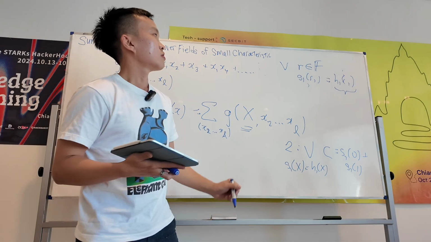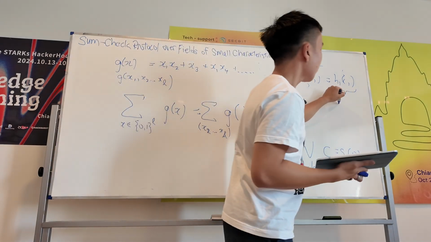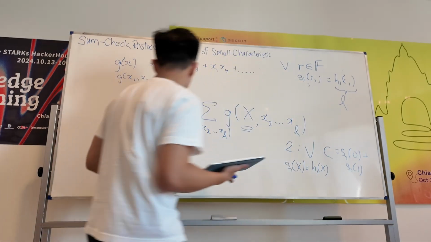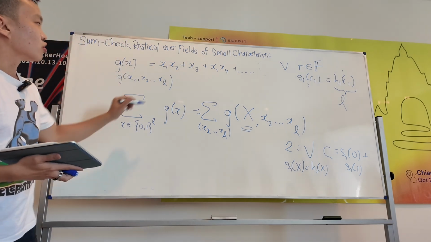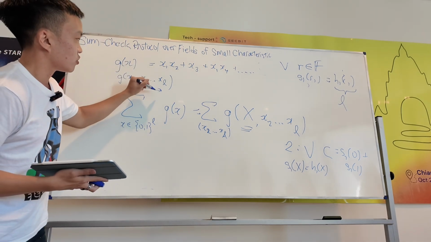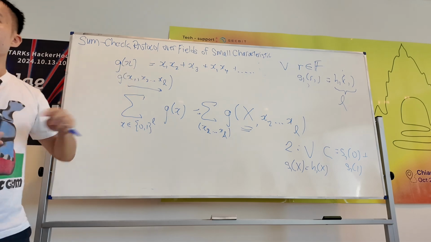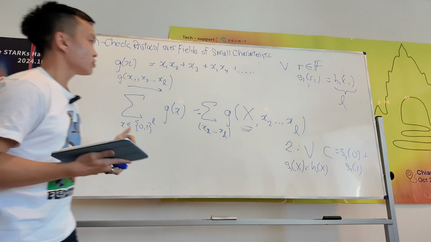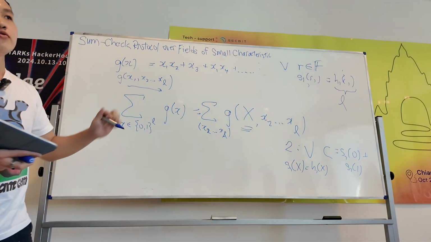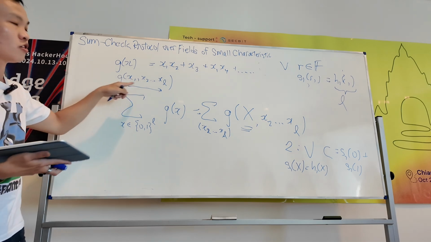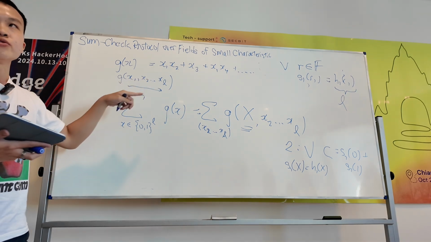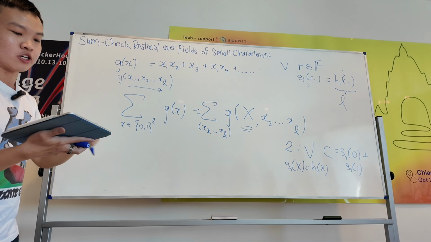So then you would have to do this for L rounds to get all the way until here, right? So this is the final round that you have to do. And then in the final round, the verifier has to evaluate this a single time to check that it's correctly computed.